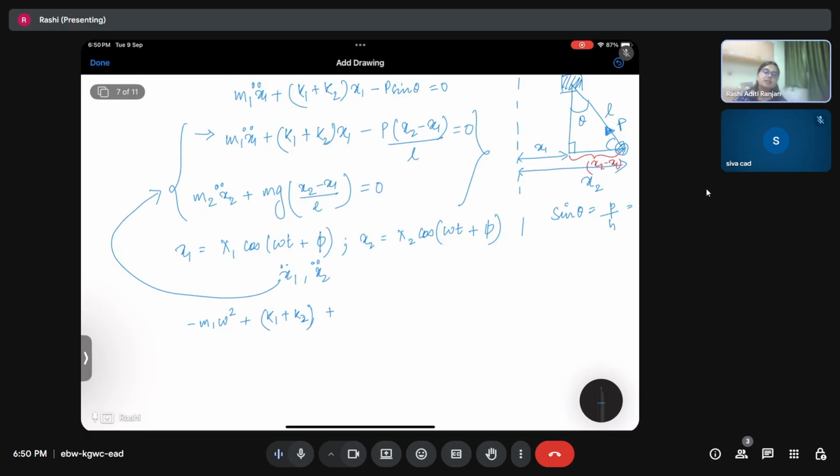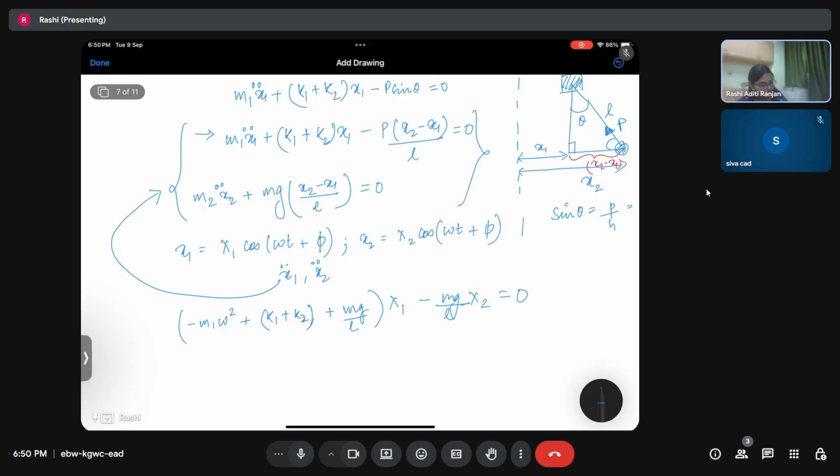So P can be replaced simply by mg. So we have plus mg by L, this whole into x1, minus mg by L into x2 equals 0. After this equation we have everything multiplied with cos of (omega t plus phi), which is not always equal to 0, so we make this term equal to 0.